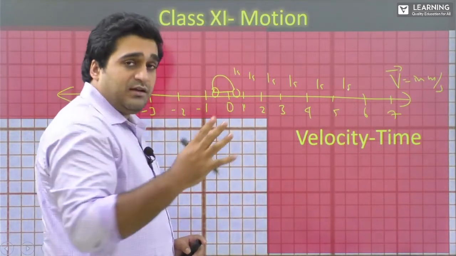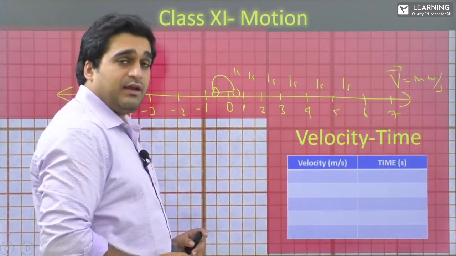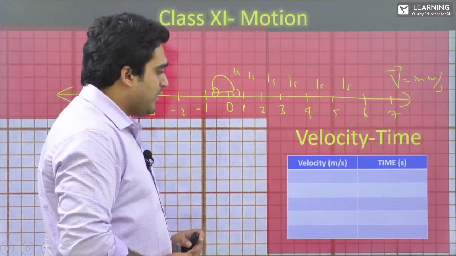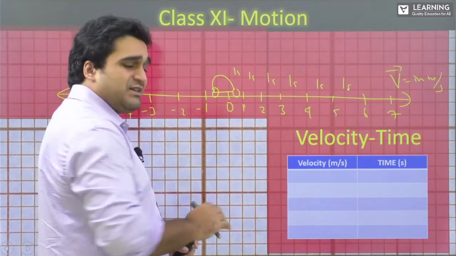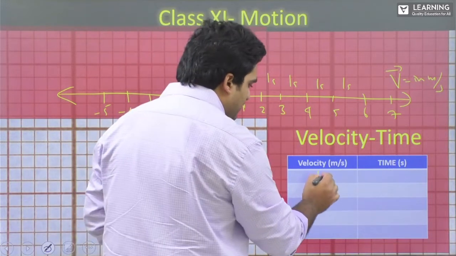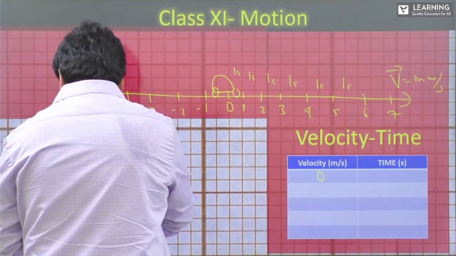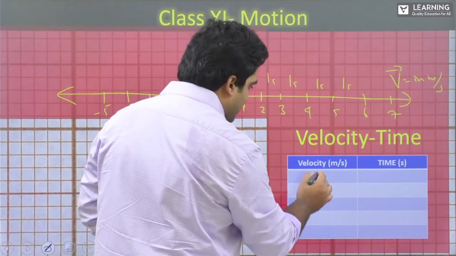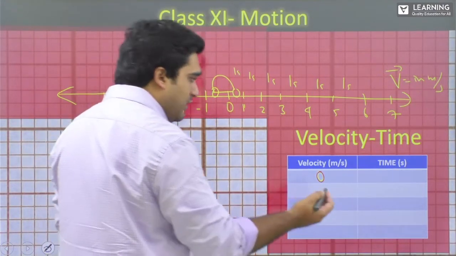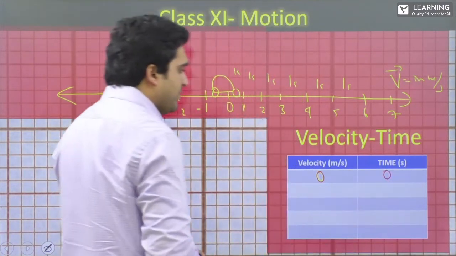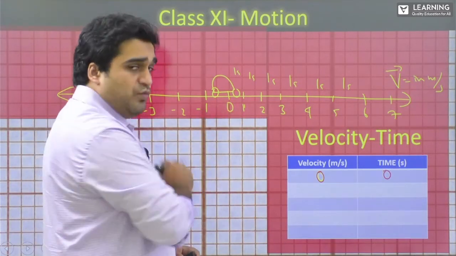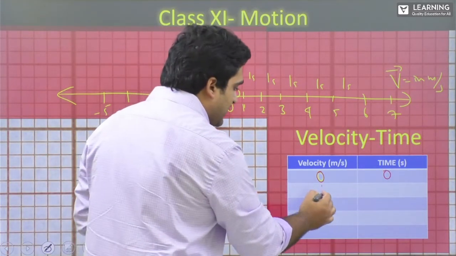So these data, let's put them in our table. Velocity, since it is starting from 0, so I'll write 0. Starting from 0, time is also 0. Then it moves to 1, which is 1 meter per second.